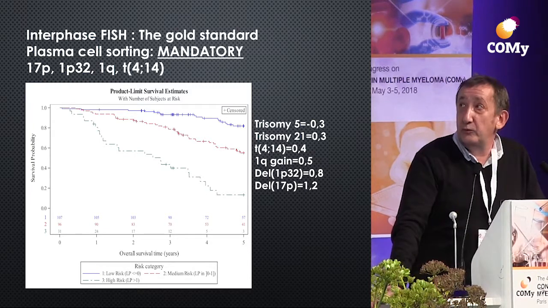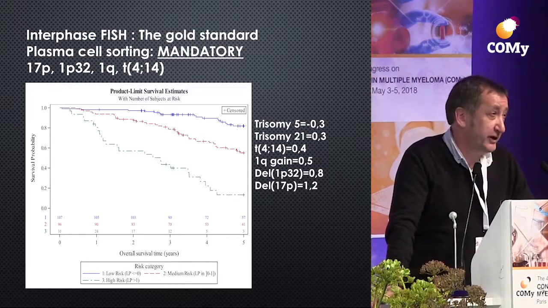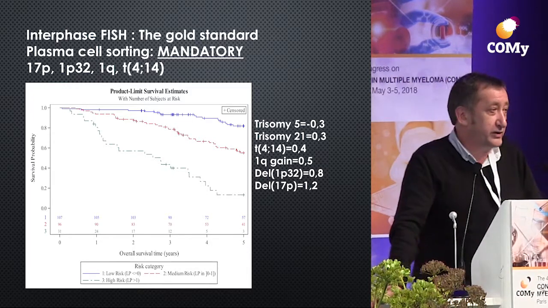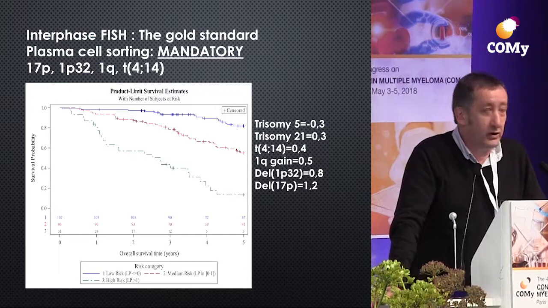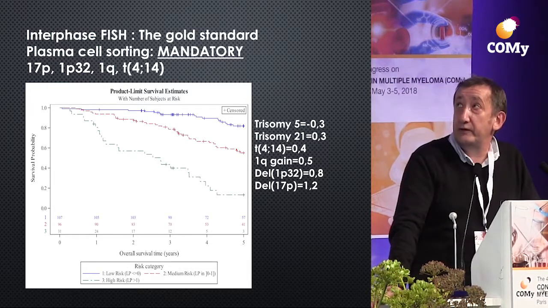So for example, we stratified the patients with a score lower than or equal to 0, meaning patients with no high-risk abnormality or with trisomy 5. And you can see it is the blue curve at the top.